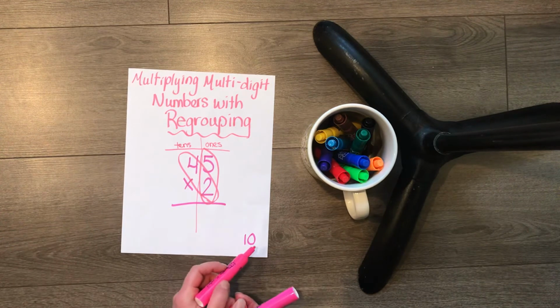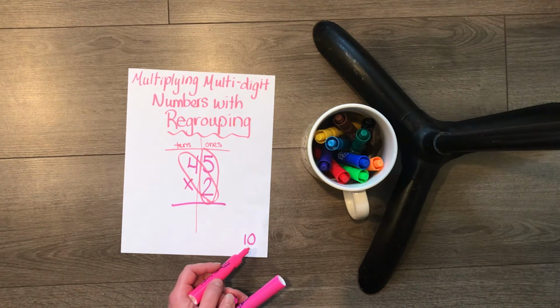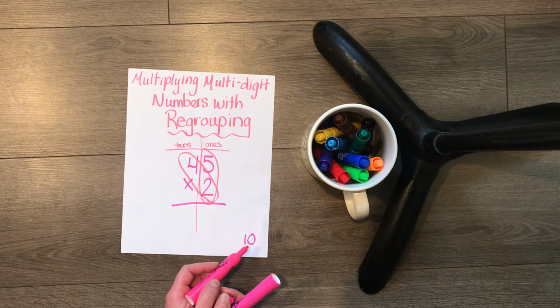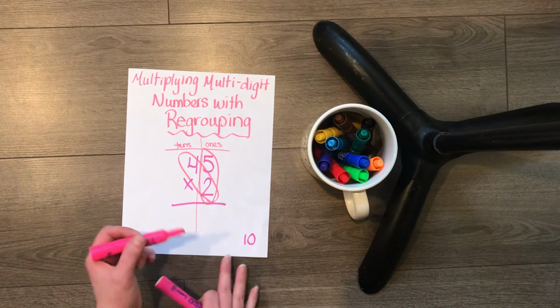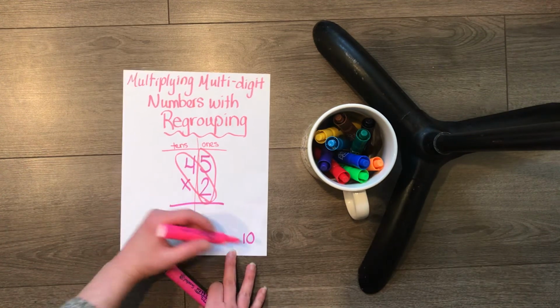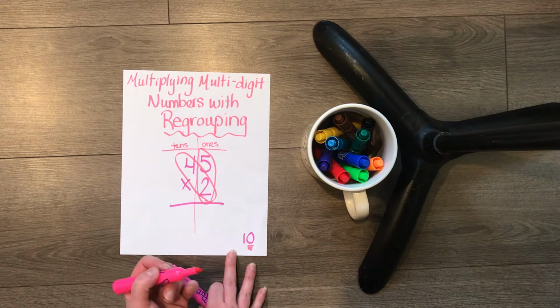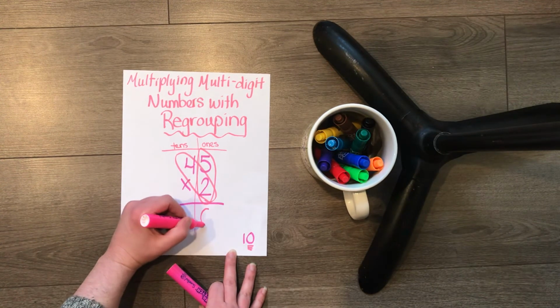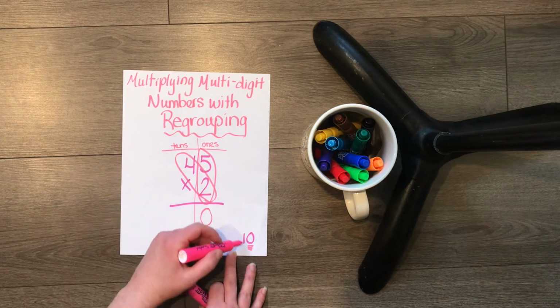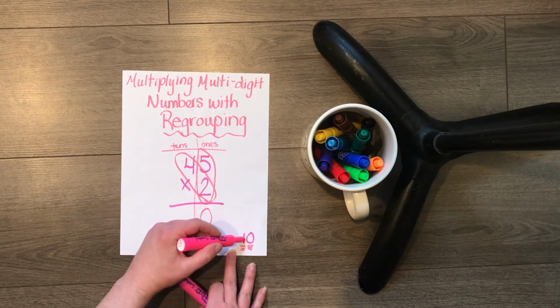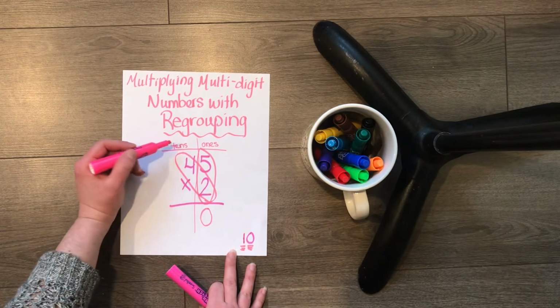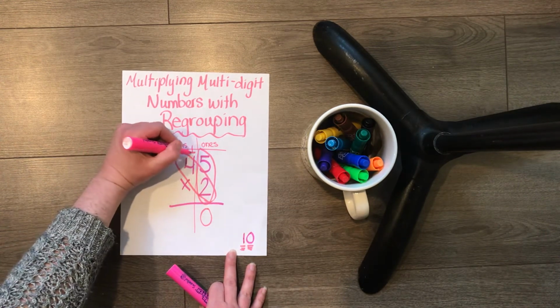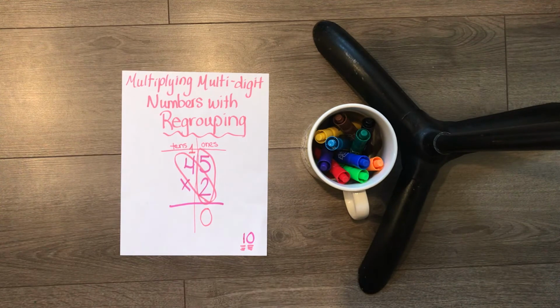I only want to put the ones in the ones column, and I only want to put the tens in the tens column. So when I look over here at my number 10, I see I have 0 ones. I'm going to put that down here, and I see I have 1 ten. I'm going to put this 10 where it belongs, in the tens column. I'm going to put it up here. I'm going to save it for later.